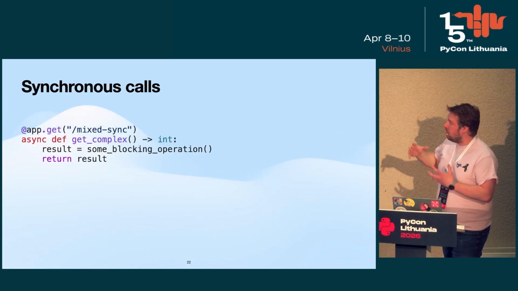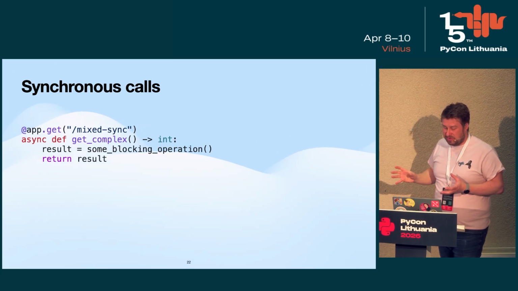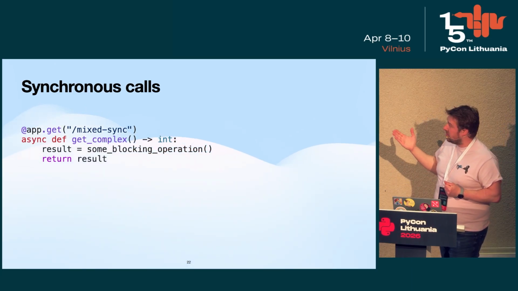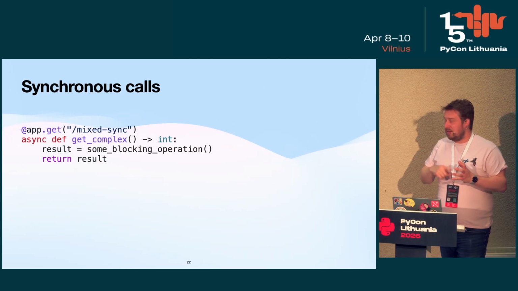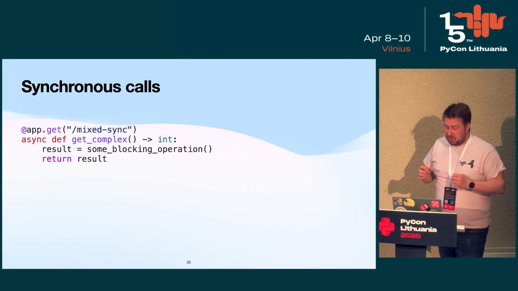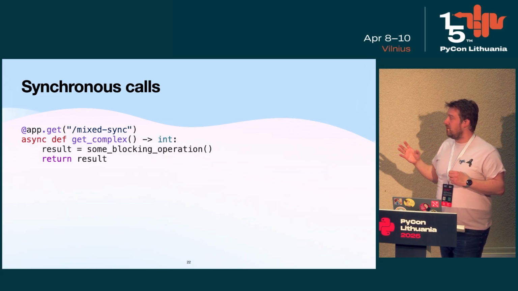And that's going to block the event loop. We've already talked about that, how when we're running Python code, that blocks the event loop. So if that runs for a long time, then it's going to block any other requests from being handled on that event loop. So you can end up having very slow responses from your application.